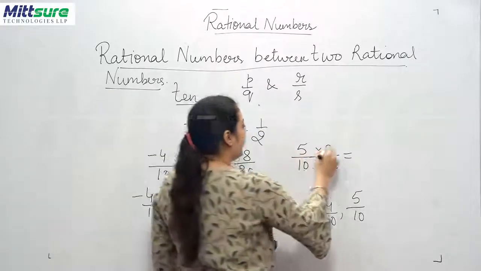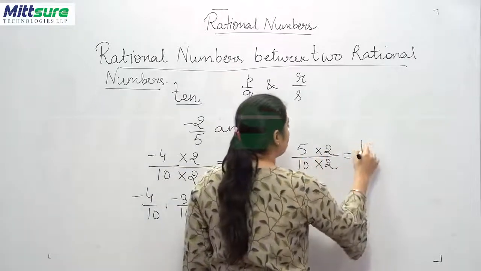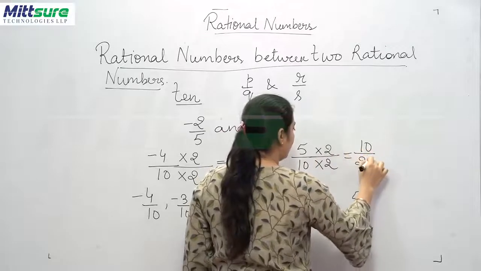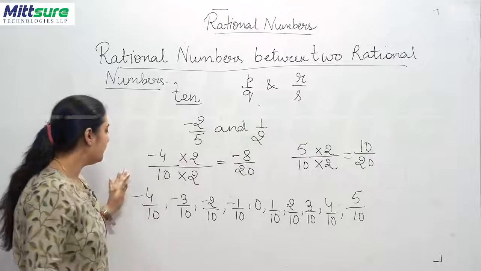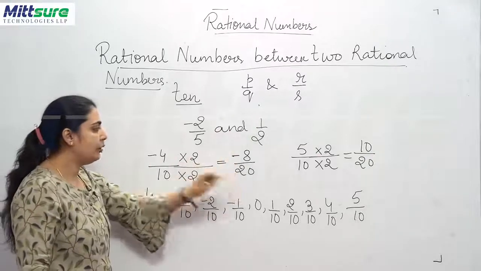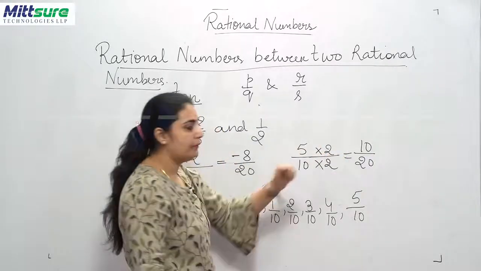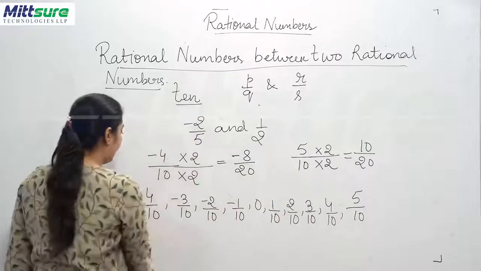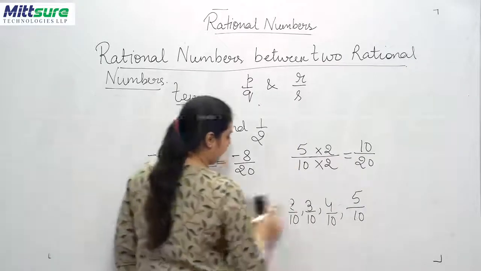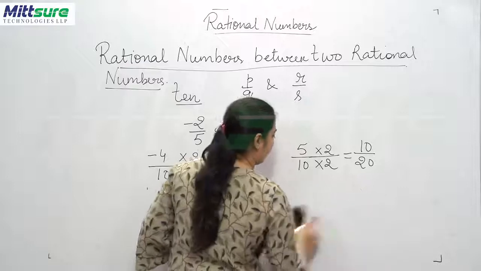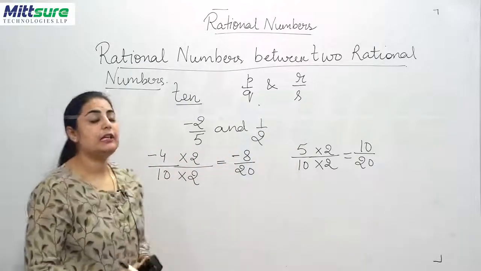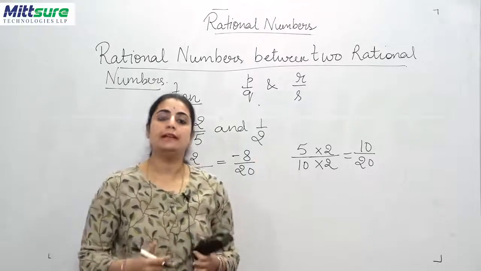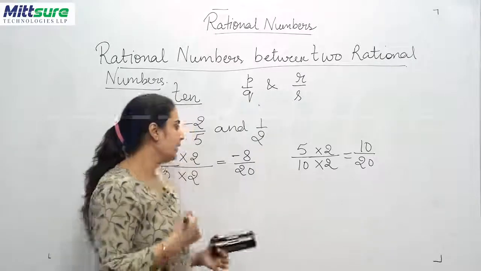When I multiply it, it becomes 10 upon 20. So now I have a wide range of numbers between -8 upon 20 and 10 upon 20. Let us write them. We need to find only 10 numbers, so you can take any 10 numbers randomly.